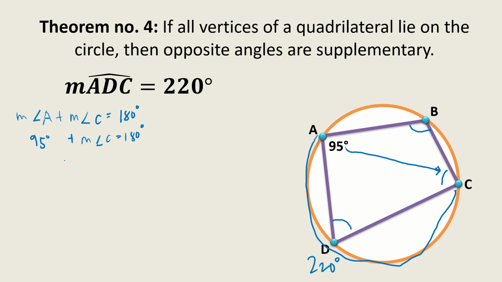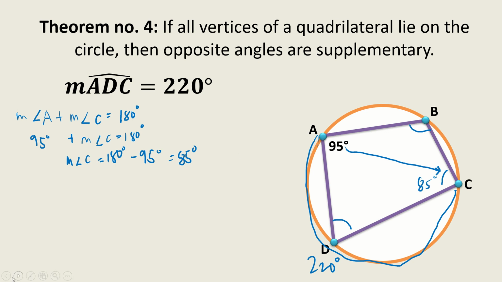So, lipat sa kabila si 95, magiging minus. So, the measure of angle C is equal to 180 degrees minus 95 degrees. So, we have 180 degrees minus 95 degrees will give you 85 degrees. So, therefore, the measure of angle C is 85 degrees.